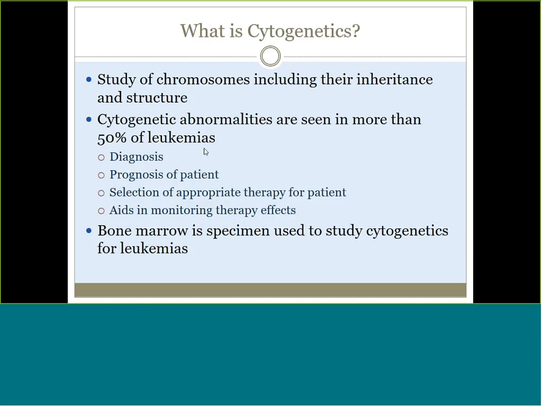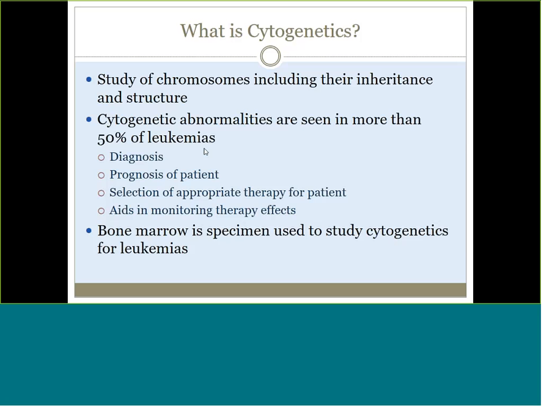And this is kind of involving that looking for those chromosome abnormalities to help diagnose the leukemia, give a prognosis. Like some chromosome abnormalities are worse than others. So if a doctor knows that, they're going to have a better idea what the prognosis for the patient will be. It will also help them select which therapy would be correct, and then monitoring how that therapy is going.